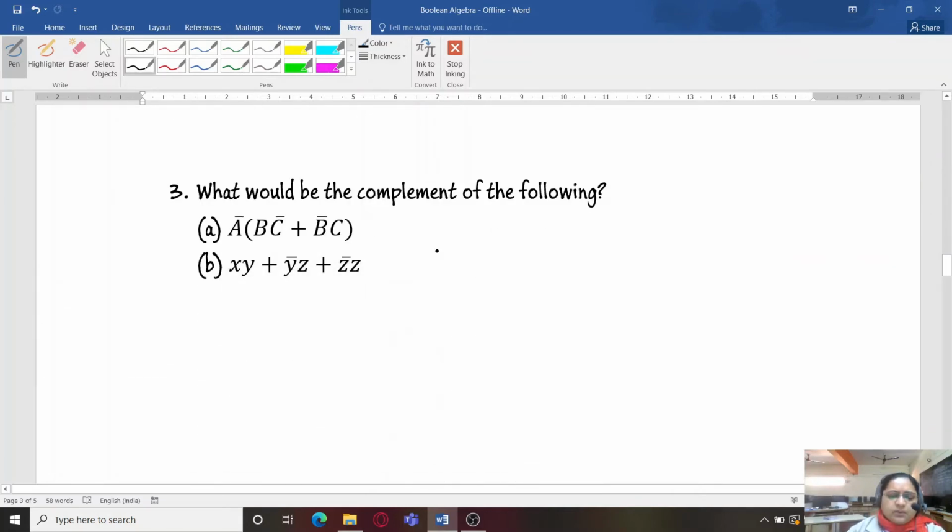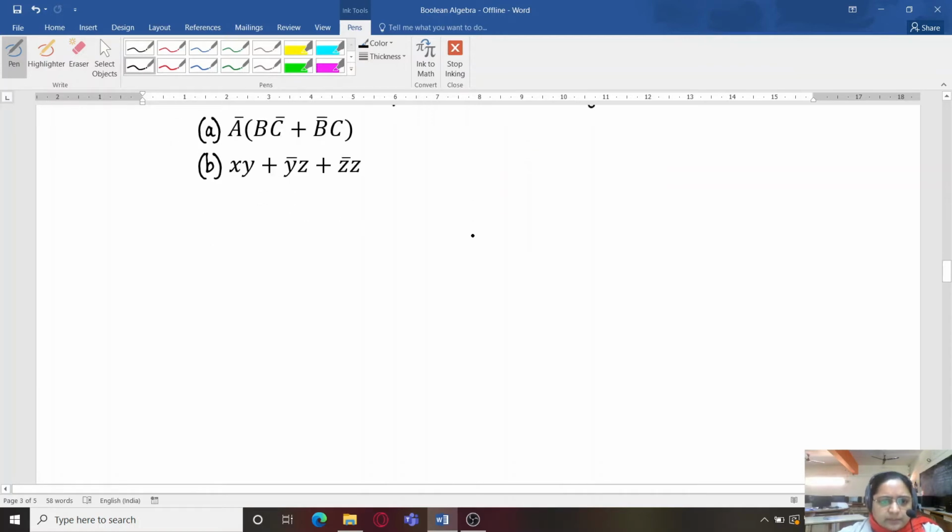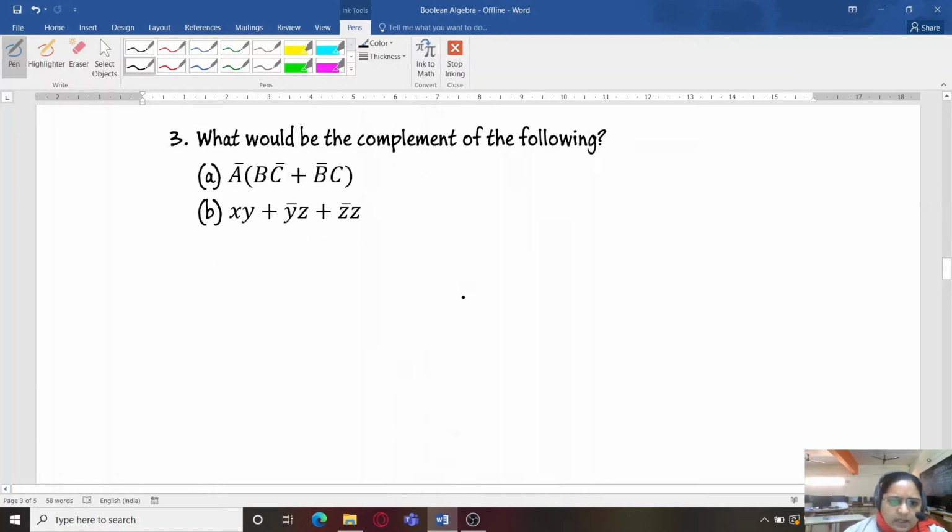Next question: what would be the complement of the following? Let us start with the first one, that is part A. Now how to find the complement?